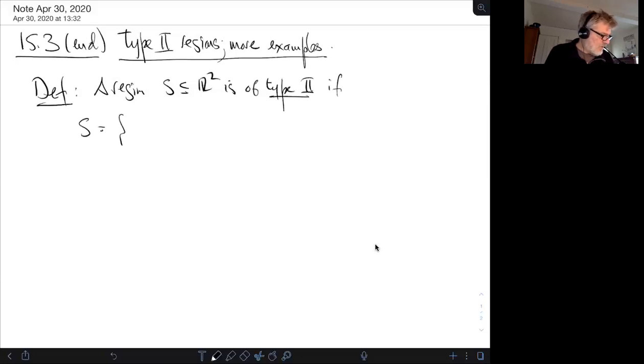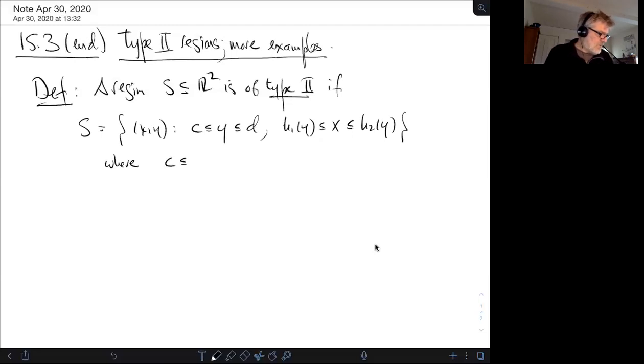So it's the set of all points x, y, such that y is between two values c and d, and x is caught between two functions h1 and h2, where obviously c is less or equal to d, and h1 of y is less or equal to h2 of y when y is between c and d.